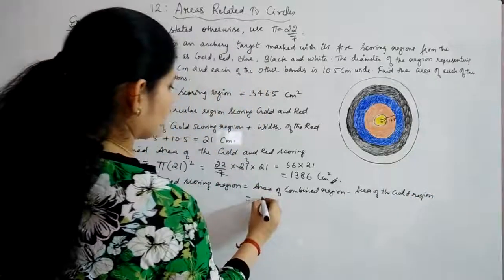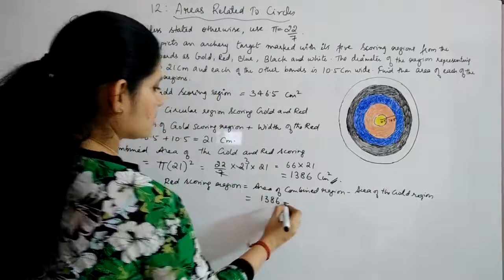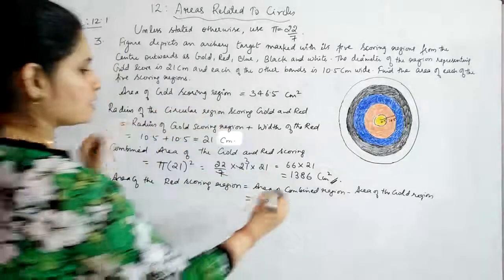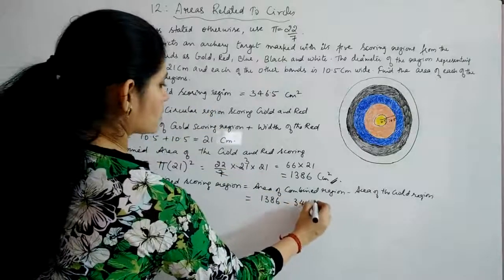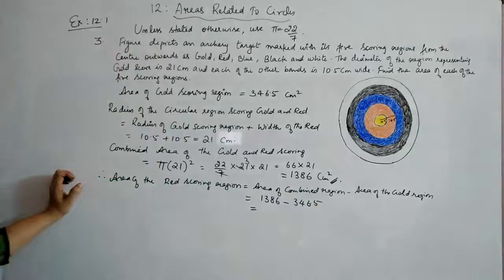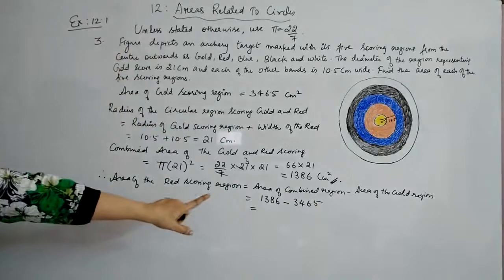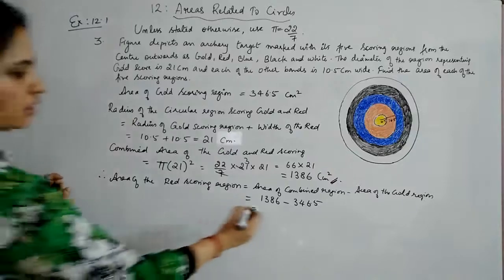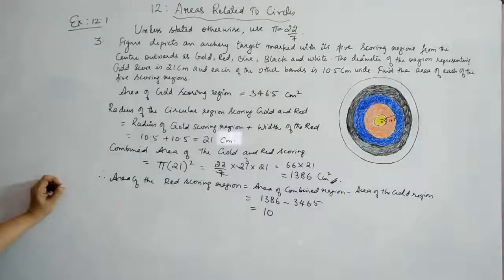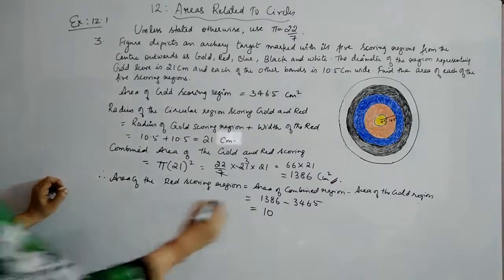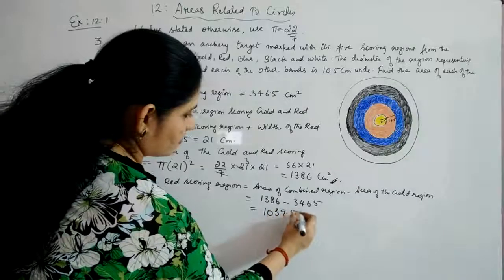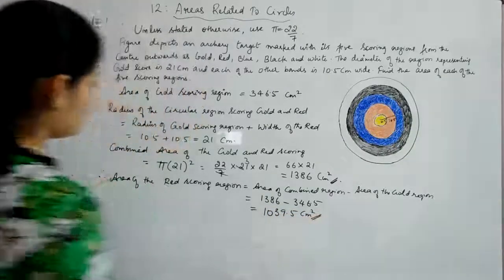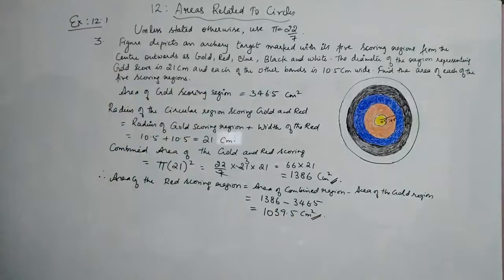So that will give you 1386, which is the combined one, minus 346.5. How much you will get is 1039.5. Now this will be the area of the red scoring region.